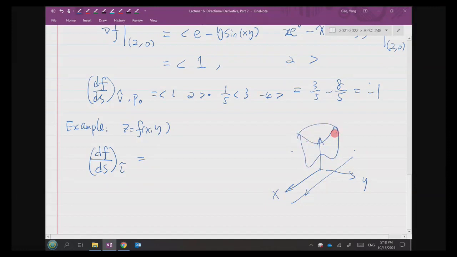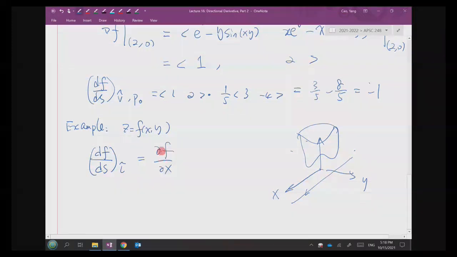So the directional derivative in the I hat direction should give you not 0, not 1. Exactly. Partial f, partial x. So the partial f, partial x is a special case of this directional derivative, right?